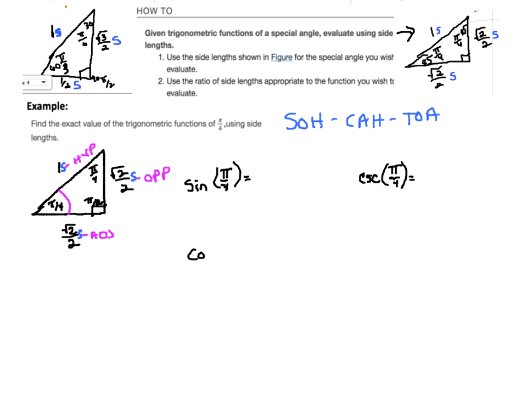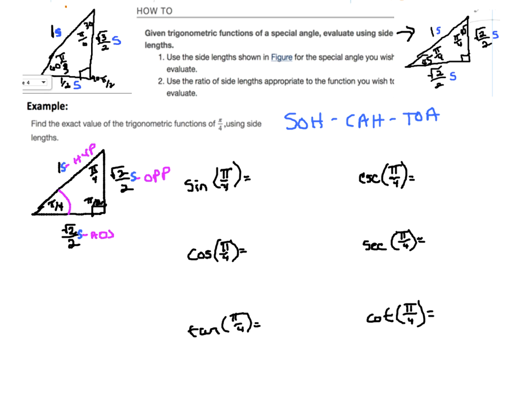And then I have the cosine of pi over 4, reciprocal to the secant of pi over 4. And then finally the tangent of pi over 4, reciprocal to the cotangent of pi over 4.